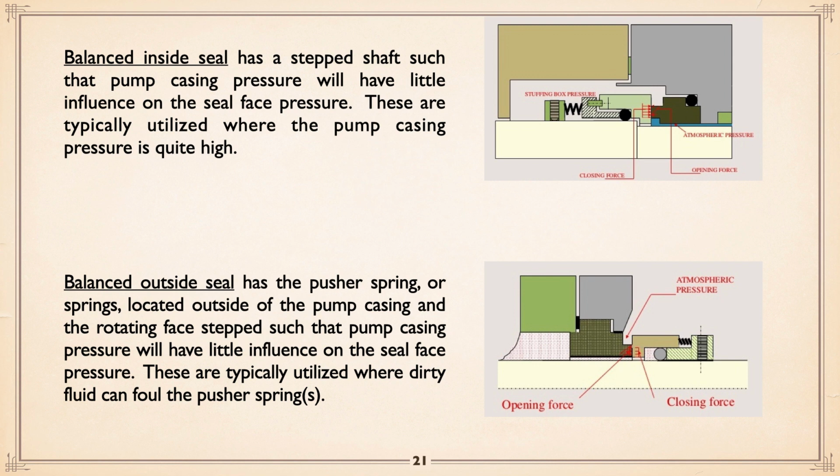Another option is a balanced outside seal, which has a pusher spring and is designed in such a way that, again, the hydraulic forces are equalized. Why have it outside? Because it avoids garbage getting caught on the spring, like on a sewage pump or something like that. And it's easy to work on, to inspect, okay?